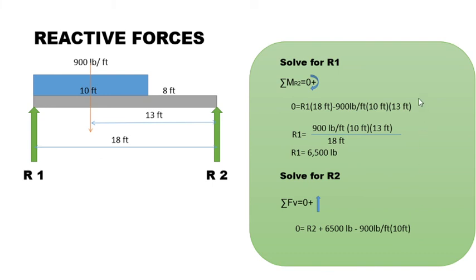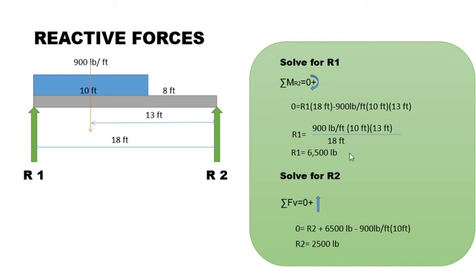There is no distance anymore because the equation is not moment, just summation of forces. We convert the uniformly distributed load to a total load, so the feet cancel out and it is just pounds. So R2 is equal to 2,500 pounds.